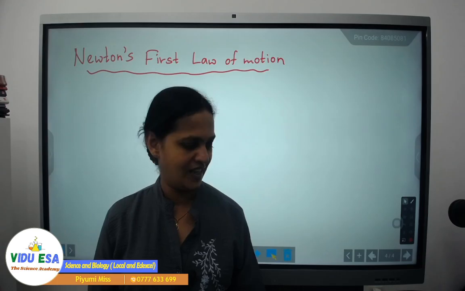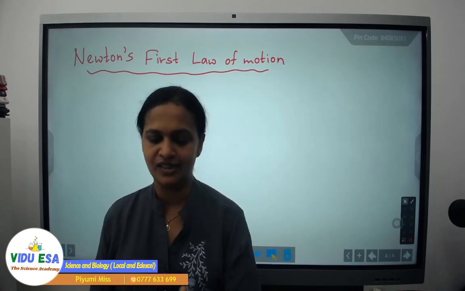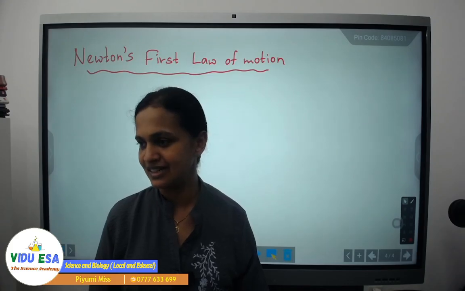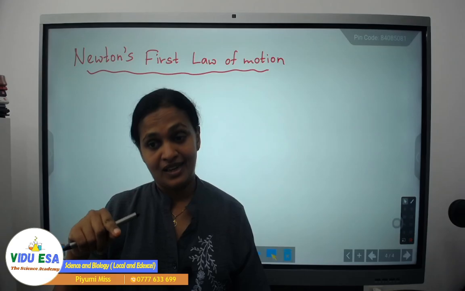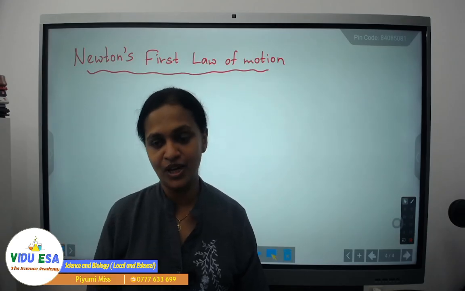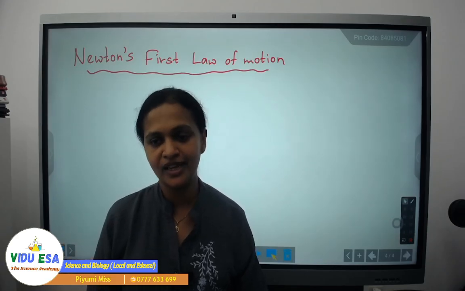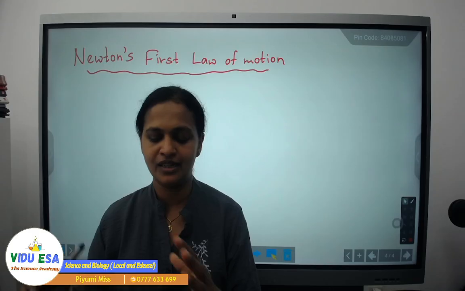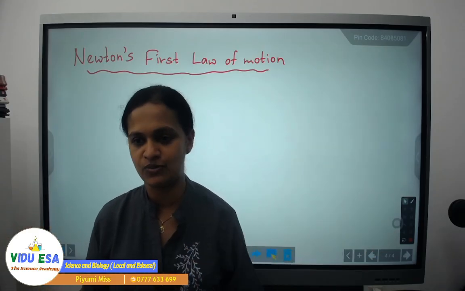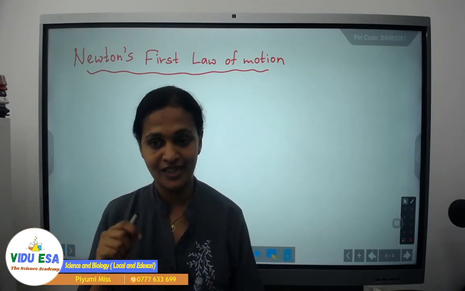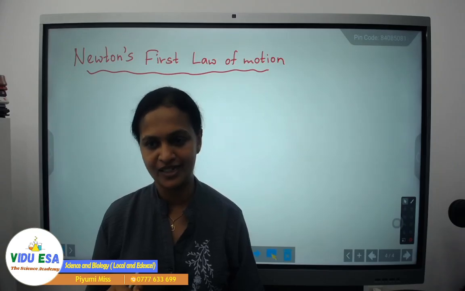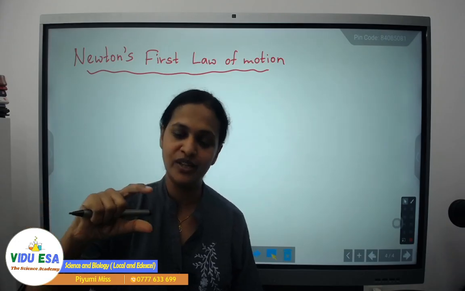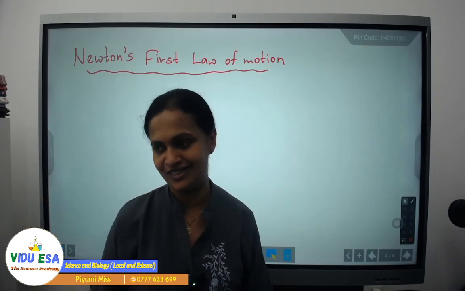If there is no unbalanced force acting on the chair, it will remain at rest, right? And he had mentioned the objects that are moving as well. If an object is moving, like a car traveling on an expressway, and there is no unbalanced force acting on that moving object, it will continue to move in a uniform velocity.